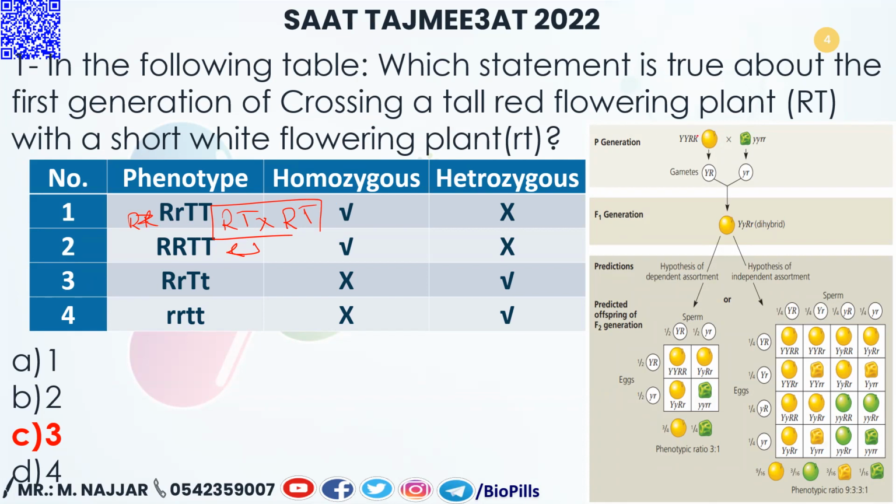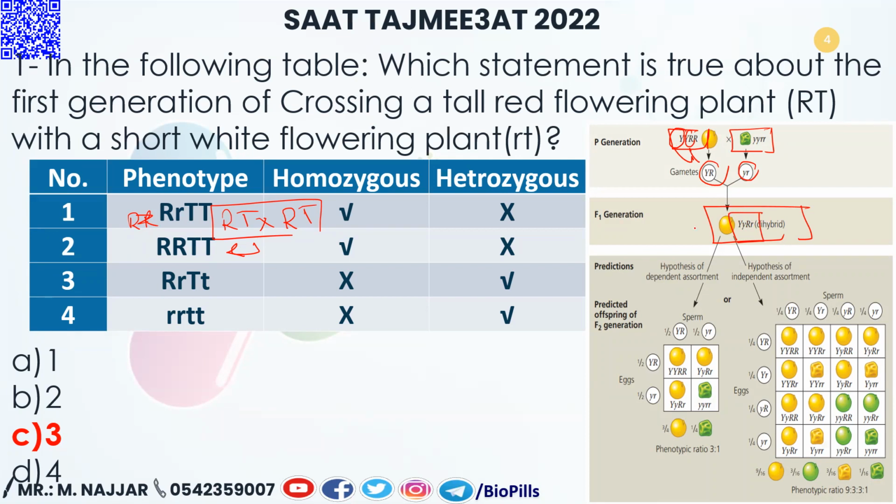So here, same, just instead of R use Y, or instead of T you can use Y. So here we have Y capital R capital, and here we have Y small R small. The gamete is going to be one from the first trait, which is Y capital, and one from the second trait, which is R capital. So Y capital R capital crossed with Y small R small, and all of the first generation in the dihybrid inheritance are going to be Y capital Y small, R capital R small.